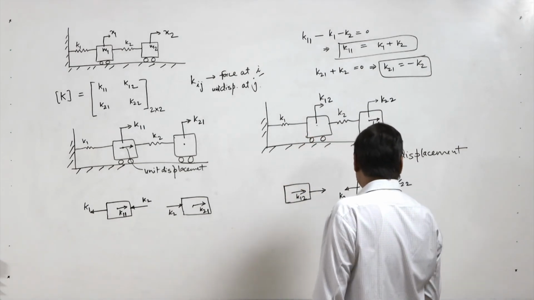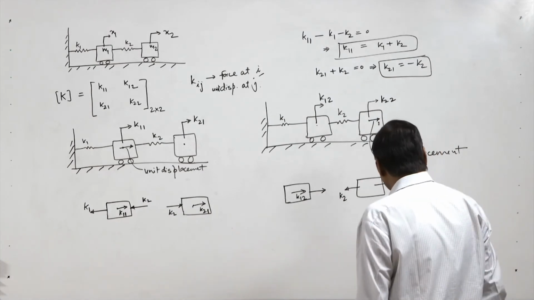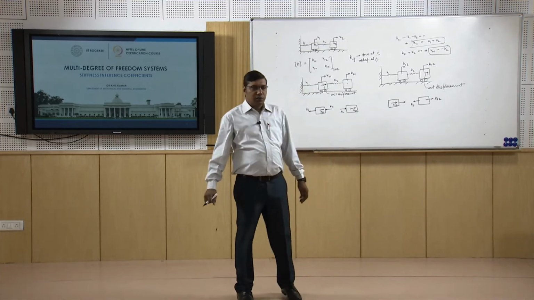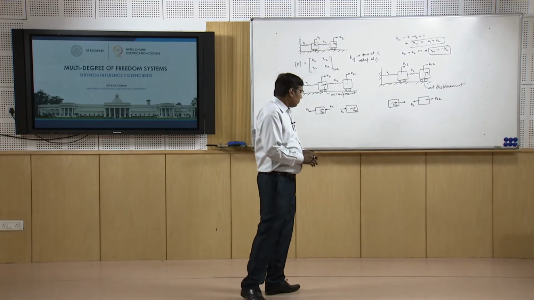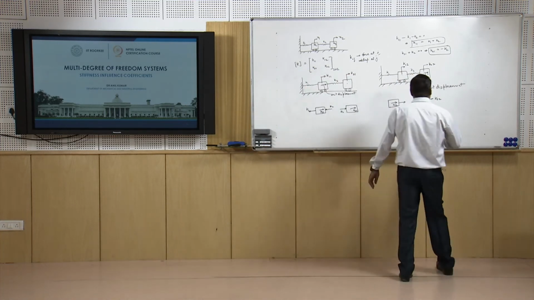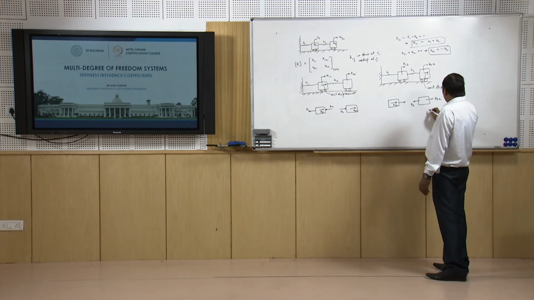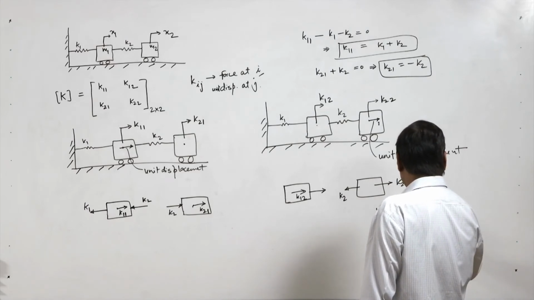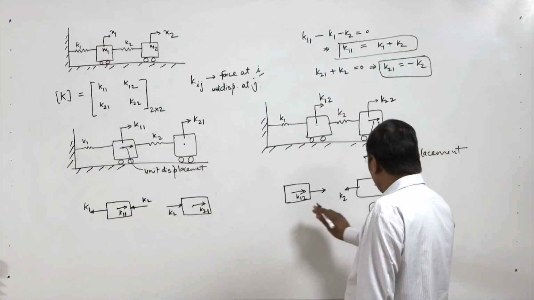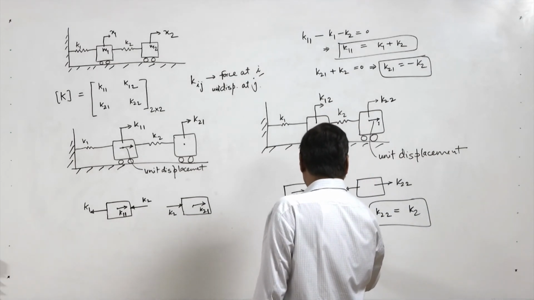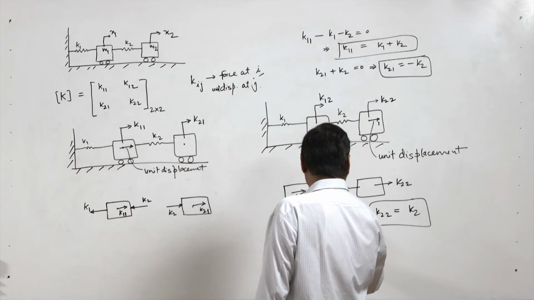So we can write the equilibrium equations for these two masses. Here we will have K22 equal to K2, and from here we get K12 plus K2 equal to 0.